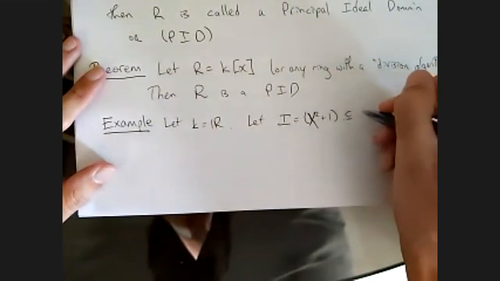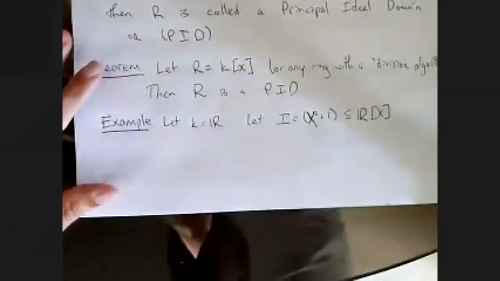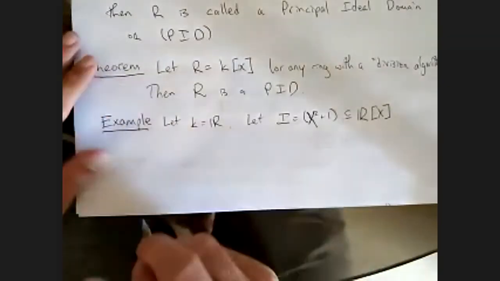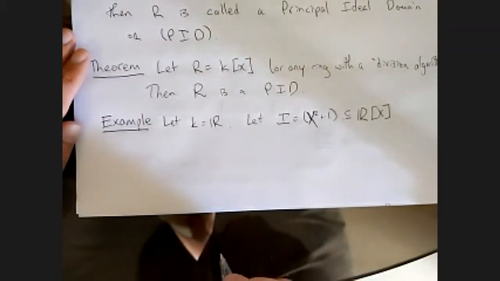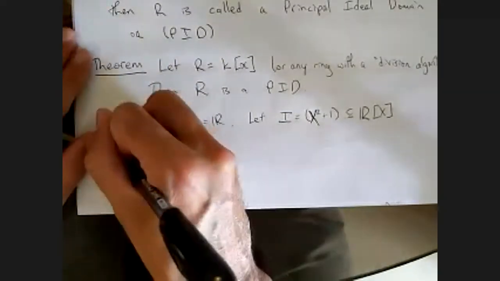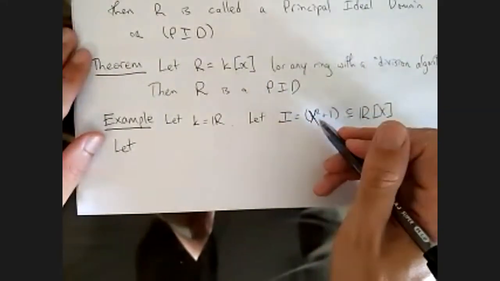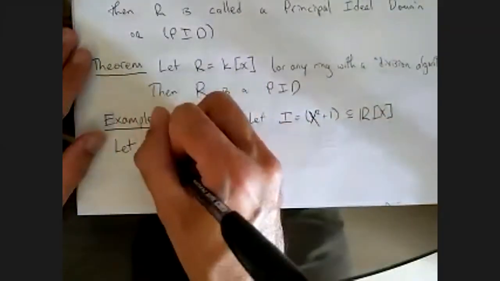This is an ideal in the polynomial ring with coefficients in R. The generator for I is this polynomial x squared plus 1. So let's call that f.